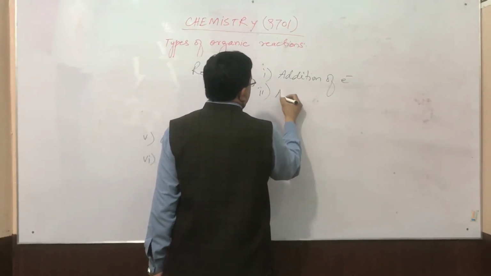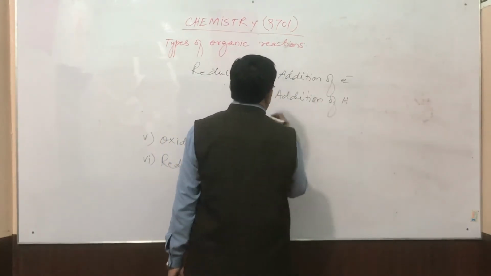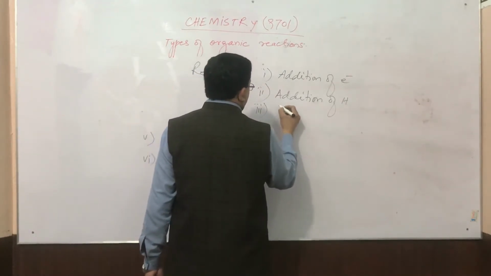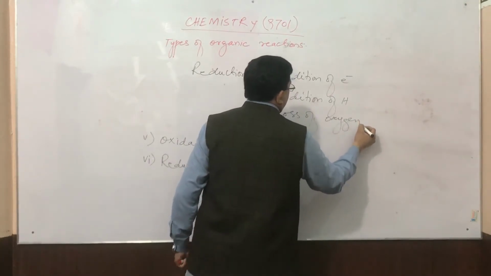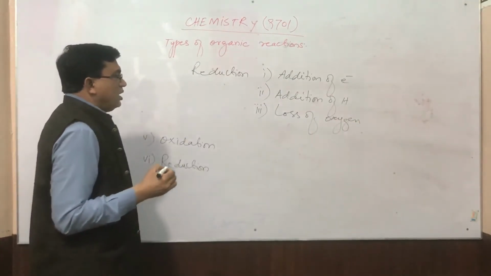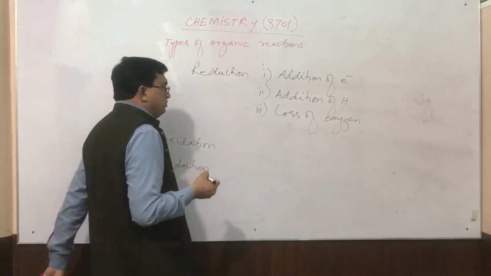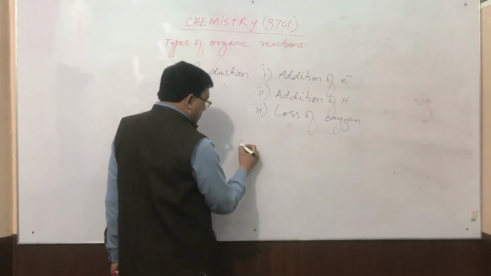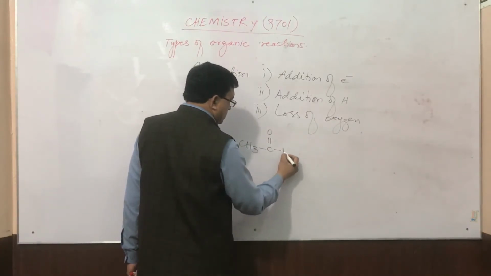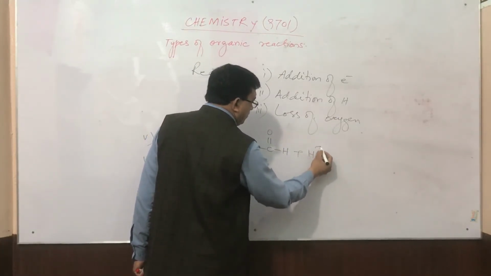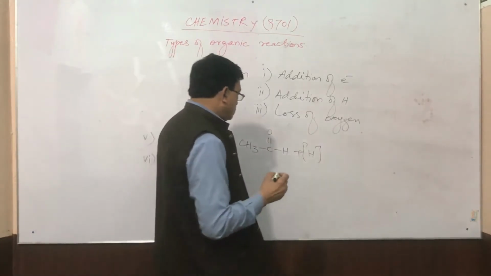Second, addition of hydrogen. Third, loss of oxygen. All these three processes are called reduction. For example, these aldehydes on reduction change into the respective alcohols.